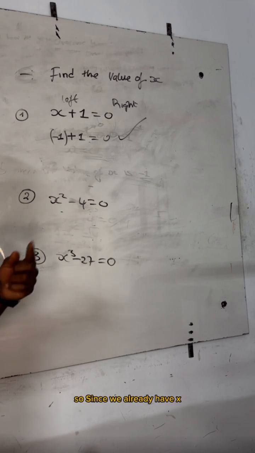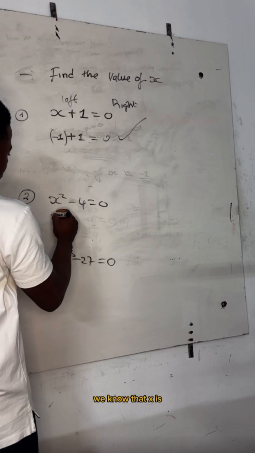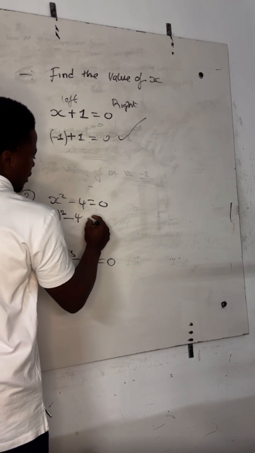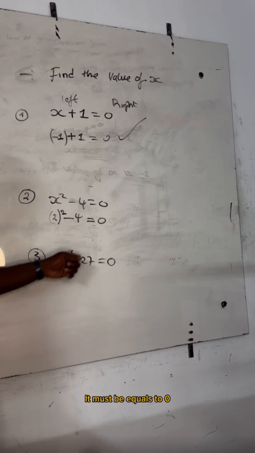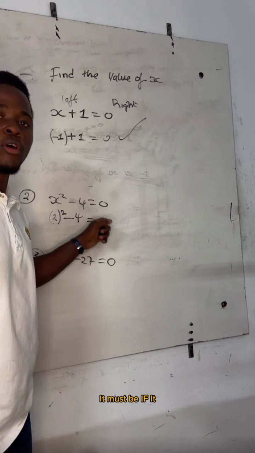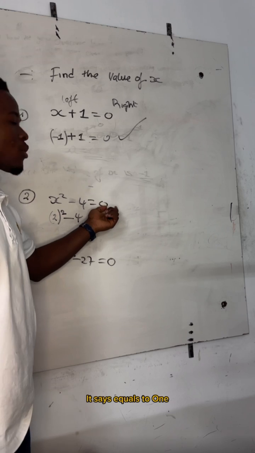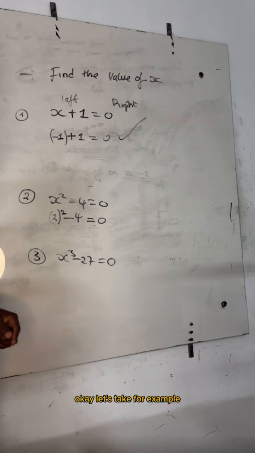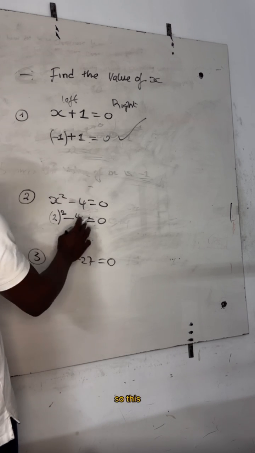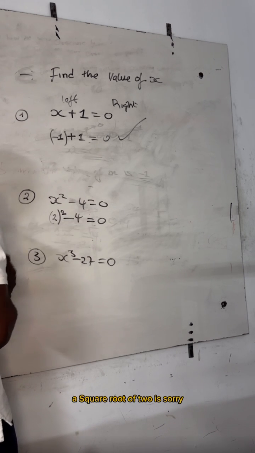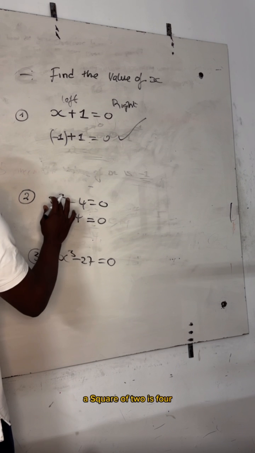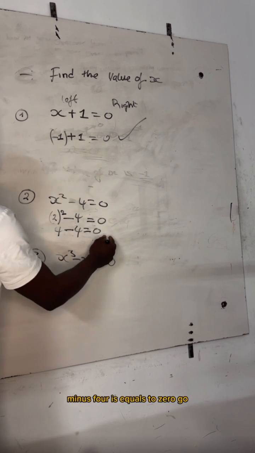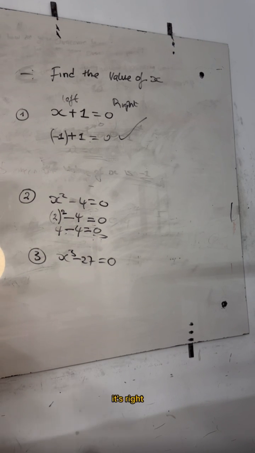Since we already know that x is 2, we square this, minus 4, must be equal to 0. It must be. If it says equals 1, that means all of this equation must be equal to 1. Let's take for example, the square of 2 is 4. Minus 4 is equal to 0. Push it on the calculator and you see it's right.